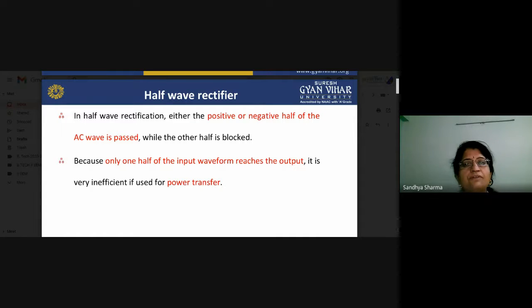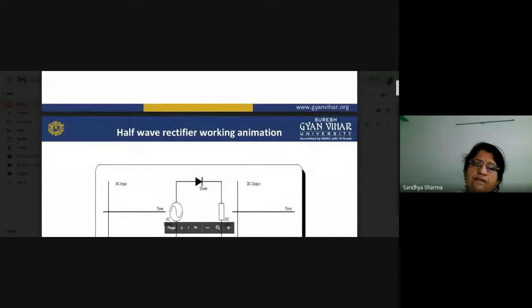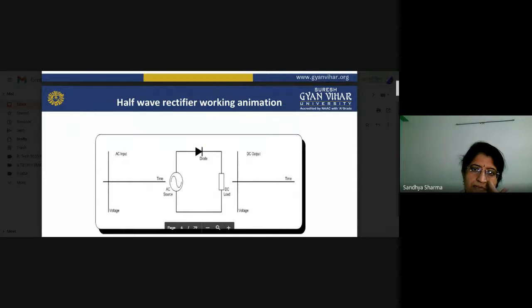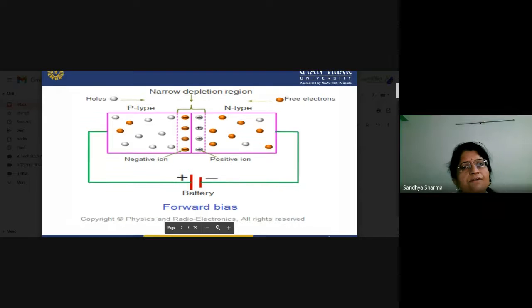So either always positive half cycles or always negative half cycles are received at the output of the rectifier. Only half of the input waveform reaches the output and the other half is blocked. That is called half wave rectification. This is the basic block diagram; further on, we will see how it works.